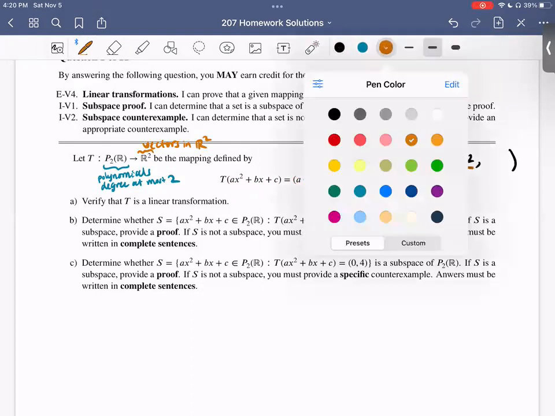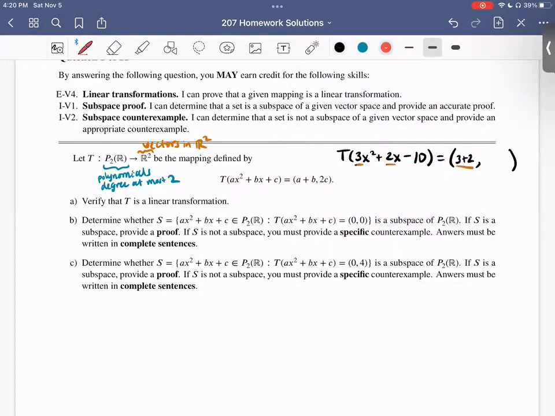And then it would take 2 times this third element, so I'd have 2 times negative 10 here. And so this mapping would produce the vector 5, negative 20. That's the idea. It just adds up the first 2 coefficients and then takes 2 times the third coefficient.